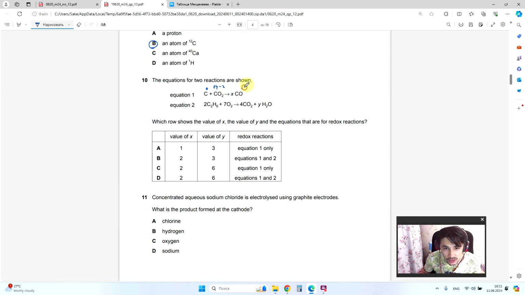Then here -2 plus 2. Then we need to say whether it's redox or not. So look, carbon was with oxidation number 0 and it turned into +2, so it's an increase in oxidation number. Then it was +4 and it turned into +2, so it decreased. So reduction and oxidation take place at the same time, so this is a redox reaction exactly.